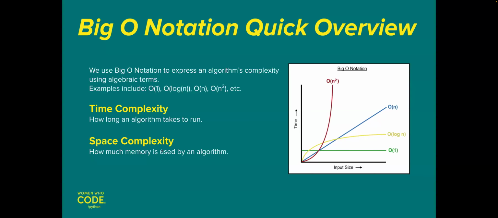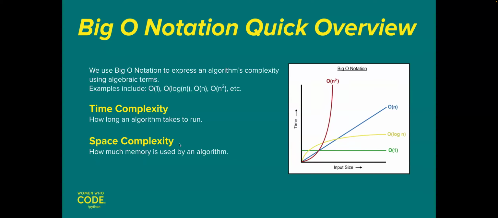Basically, we can use it to express time complexity and space complexity. Time complexity refers to how much time an algorithm takes to run. It could depend, but when we're a little bit more advanced, we try to go to the lowest to be the most performant.